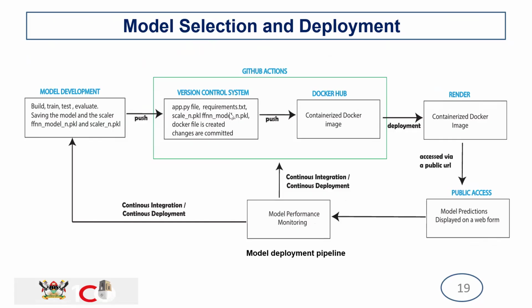Then I committed the changes, pushed to Docker Hub, and then I was in a position to access the attack virtual machine instances. So in case something is not working well, we can use the model performance monitoring phase by doing what is termed as continuous integration and deployment, and then push to the version control system, push to Docker Hub, and then access the model output. So this is an iterative process that keeps on running.